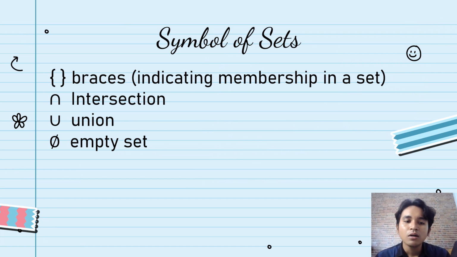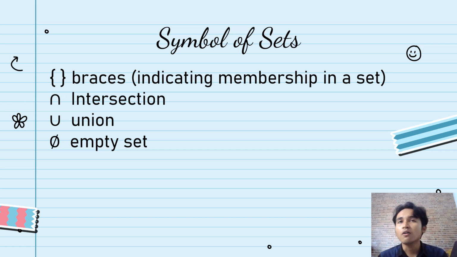Okay, now we have to get to know the symbols of sets. Number one is brackets. Brackets indicate membership in a set. Number two is intersection. Now, the intersection of two sets A and B, denoted by A intersection B, is the set containing all elements of A that also belong to B, or equivalently, all elements of B that also belong to A. Next, union.